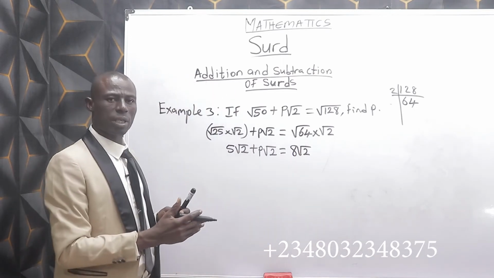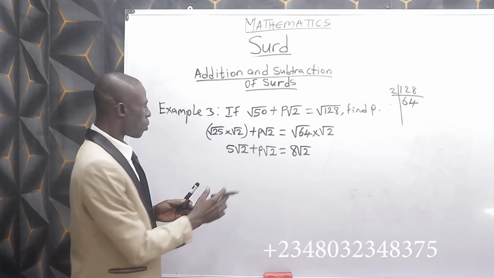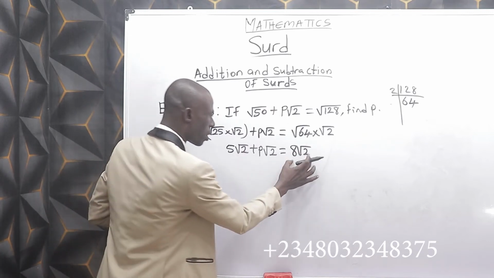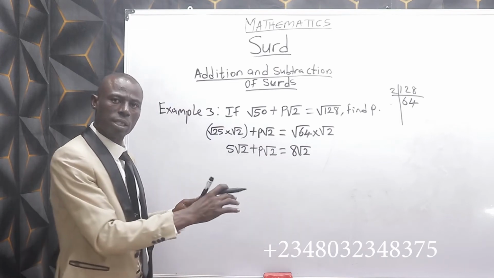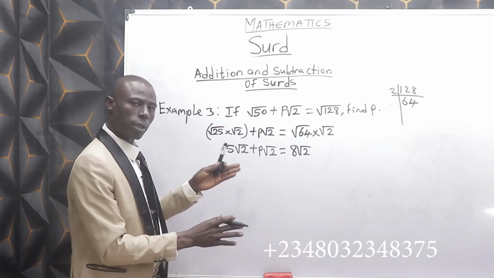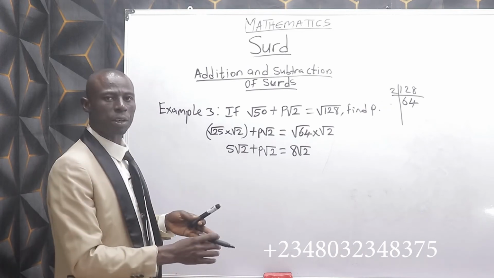You collect the like terms in this. This is an algebraic surd, a surd with an unknown value, representative of a number.